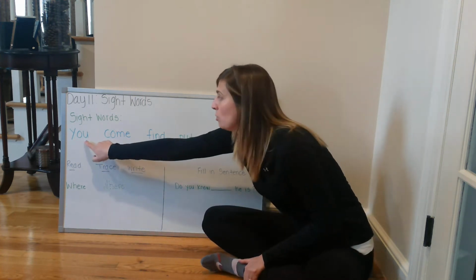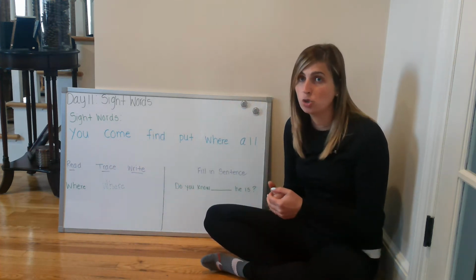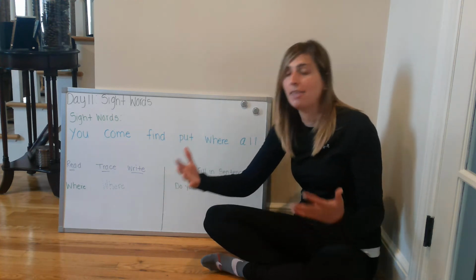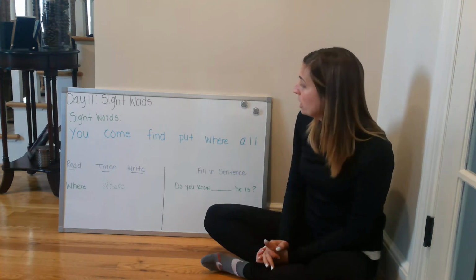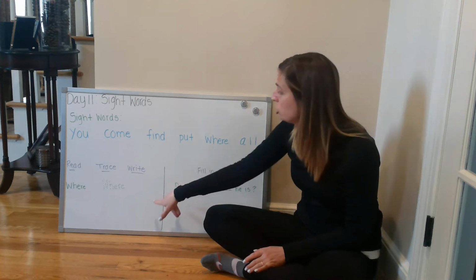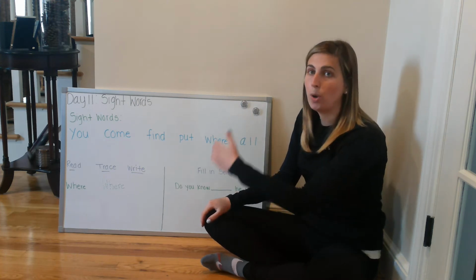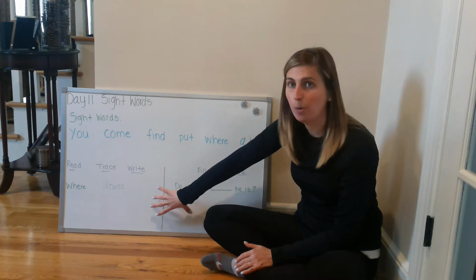Everyone should most likely be familiar with the sight word you. We've been practicing it in school, identifying it when we come across it in reading, and also practicing writing you in a sentence. Today I'm going to model 2 examples. Both of these examples you're going to see on your worksheet. I'm going to go over this first one that's on the whiteboard.